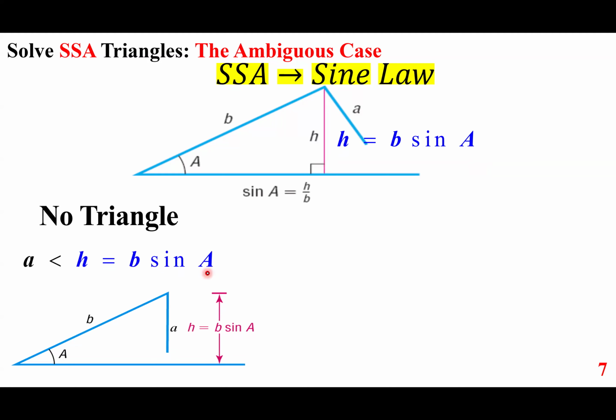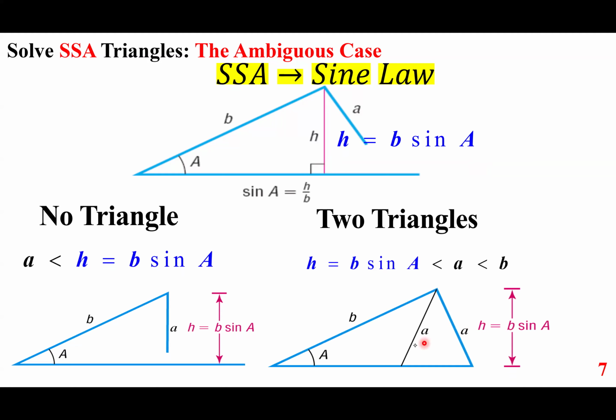And if h, which is b sine A, is less than a, and a is less than b, then we have two possibilities. We have this large triangle and this one inside it. This one is one of them, and the entire triangle is another.